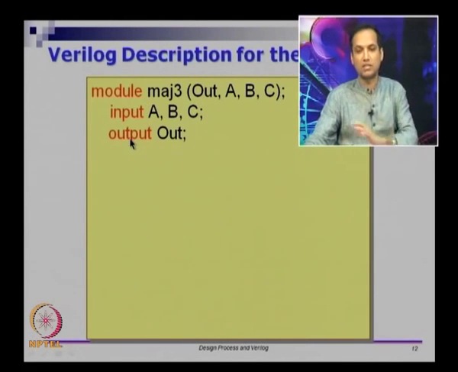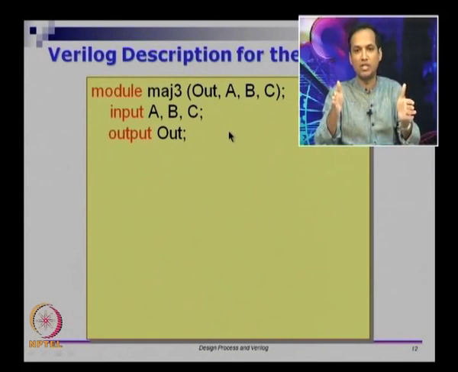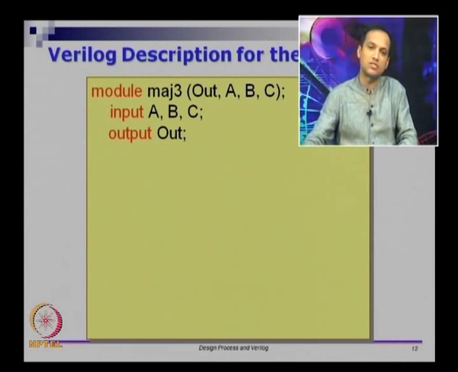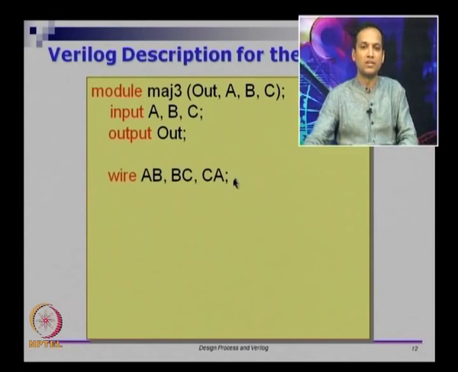In this example there are 3 inputs and 1 output, and I am also going to follow the convention whenever possible to have the outputs before the list of inputs. So in this case it is a single output, I will put it at the front and all the other things are inputs here. If I have more than 1 output, I will pick some ordering of the outputs, I will put them first and then I will put the inputs. There is a reason why I do that, I will come to that later.